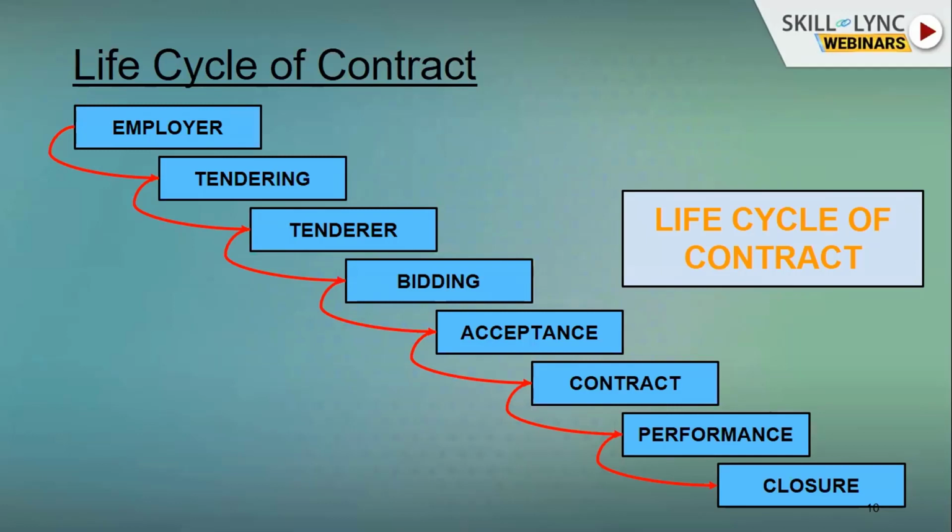Followed by tendering, the tenderer. The tenderer is a person who is going to fill that tender for the employer. There are n number of tenderers depending upon the qualification criteria set by the employer. The tenderer will quote to the employer. Followed after the tenderer, there is a process called bidding.